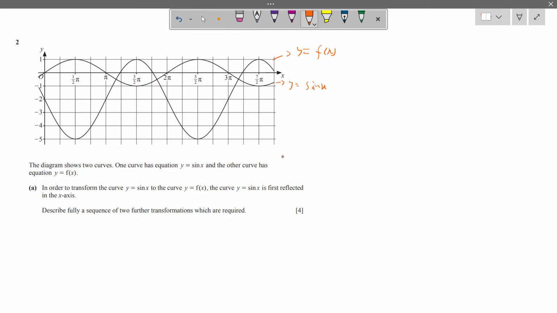So what does that mean? The resulting graph would be this. Oh, okay, so actually it's not even.